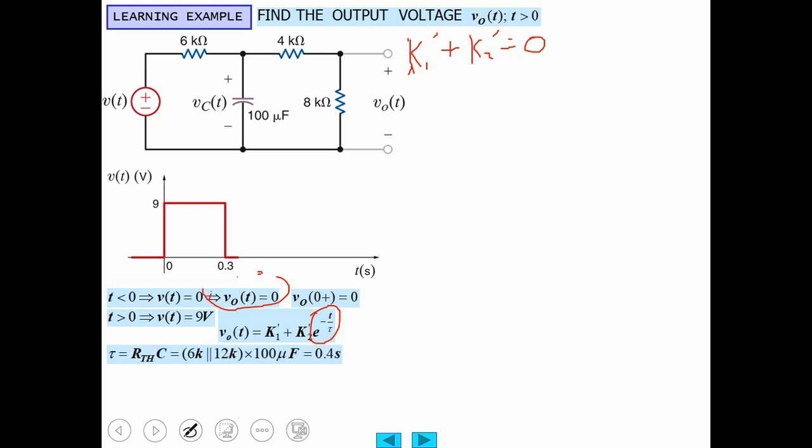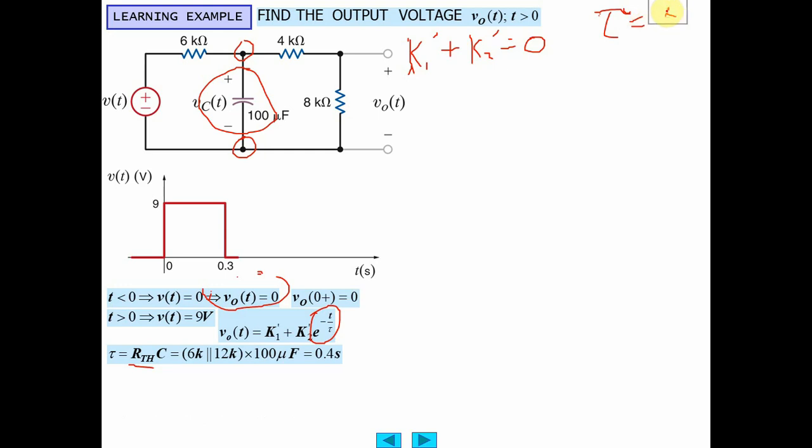The time constant is going to be given by Thevenin's equivalent resistance that the capacitor sees, between these two nodes. If we're talking about inductors, we're talking about Thevenin's equivalent resistance between the nodes that the inductor is connected to. R times C is the time constant for a capacitor circuit. For an inductor circuit, time constant equals L over R. I'll just put it up here.